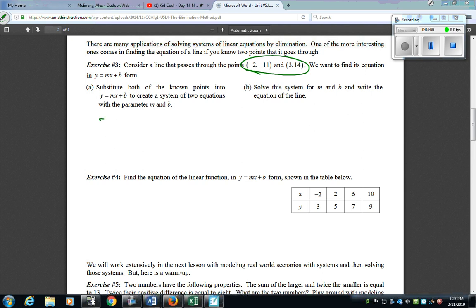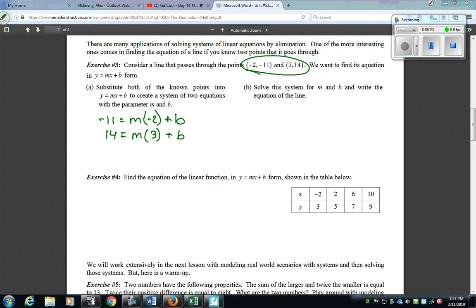So we got negative 11 equals m times negative 2 plus b. And then the bottom equation will be 14 equals m times 3 plus b. The goal is to solve for m and b.